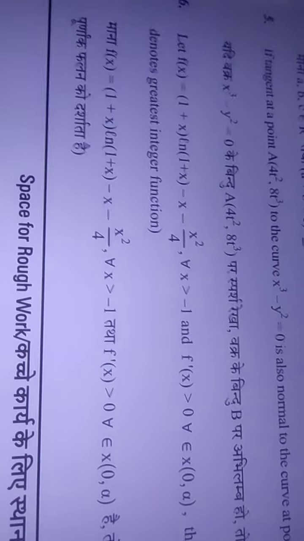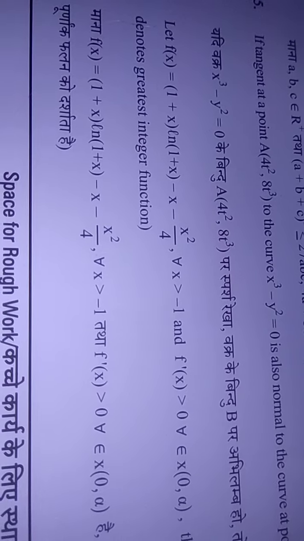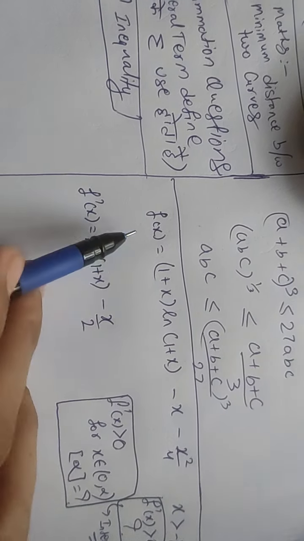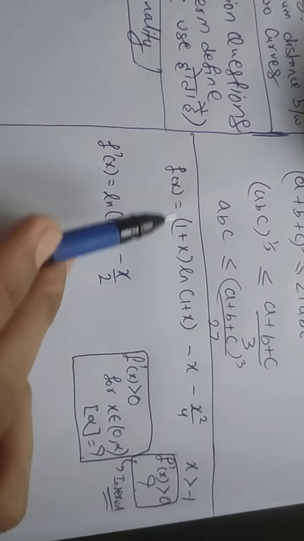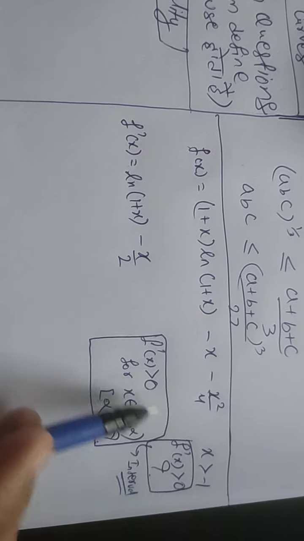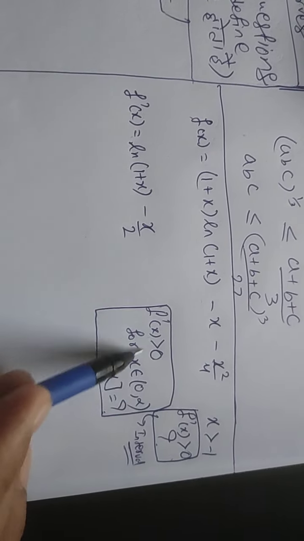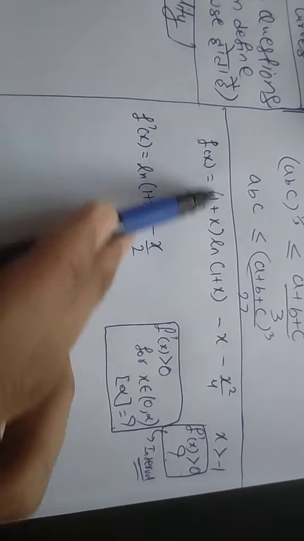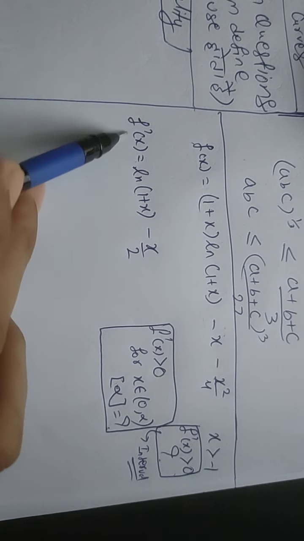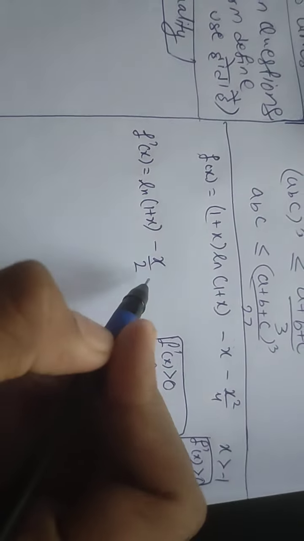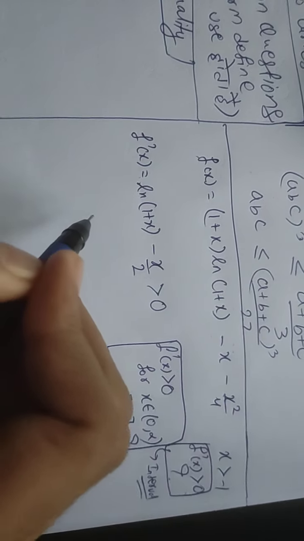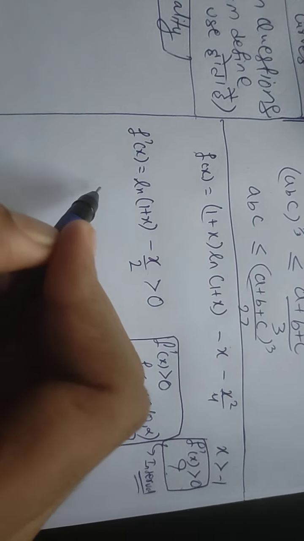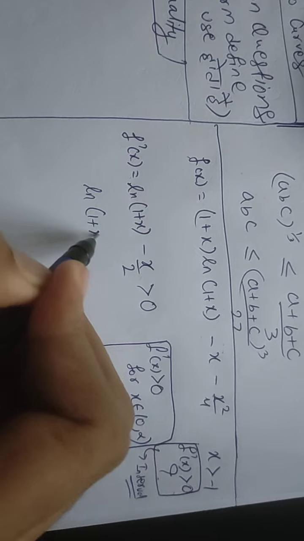So I will just write down here. Here I have written the question in short, f of x, and we have to find the GIF of alpha. So first I differentiated it. Now I made it greater than 0, and I thought I will solve the inequality, right? Pretty straightforward.